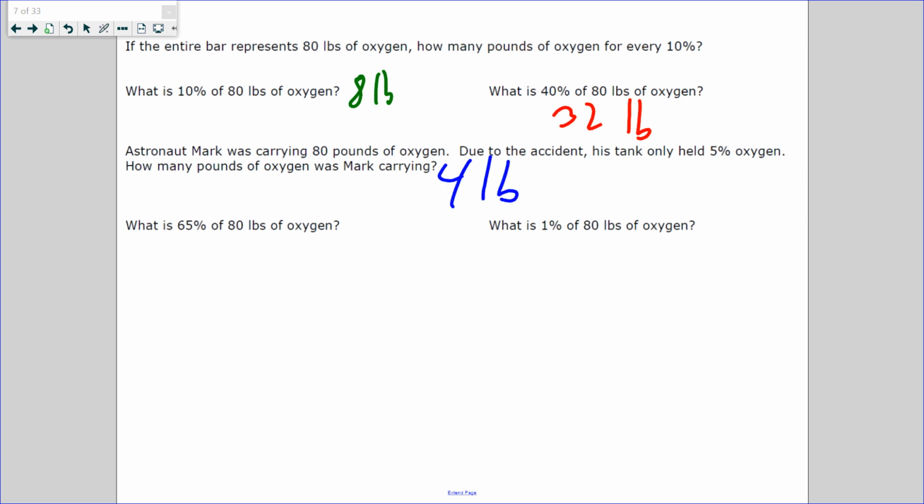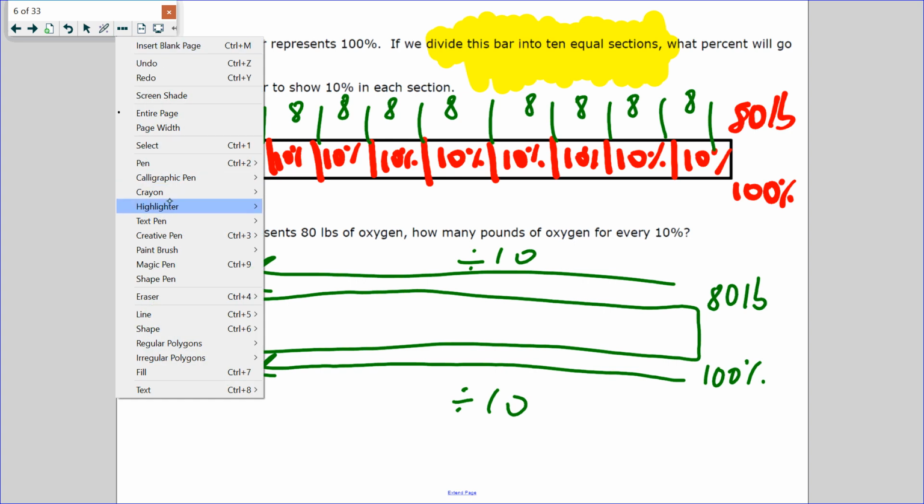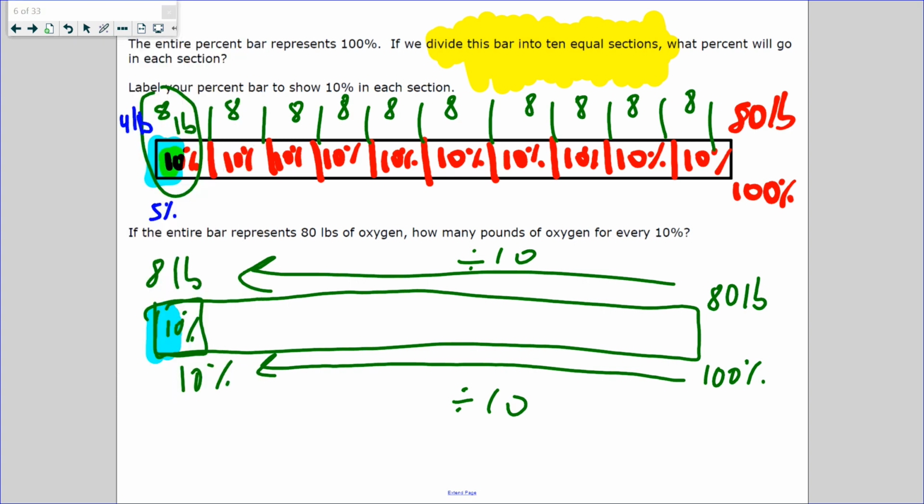So what if you have 65% of oxygen? Highlighter, 65%. So 10, 20, 30, 40, 50, 60, and 65 is right there. Each 10% represents 8 pounds. So 8 plus 8 plus 8 plus 8 plus 8 plus 8, and then half of it is 4.